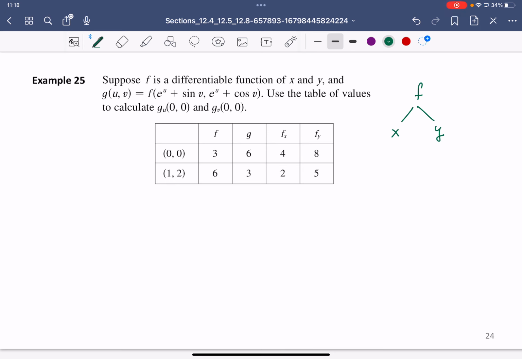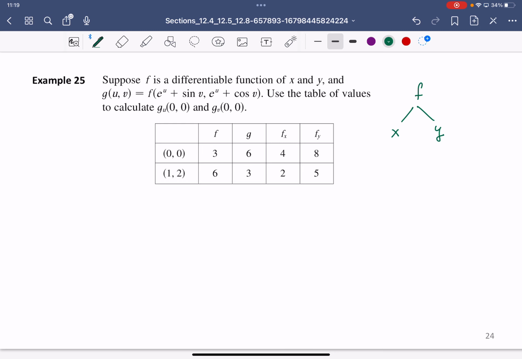And then now you have g as a function of that and that. A little bit complicated. And then now you use a table of values to calculate g.